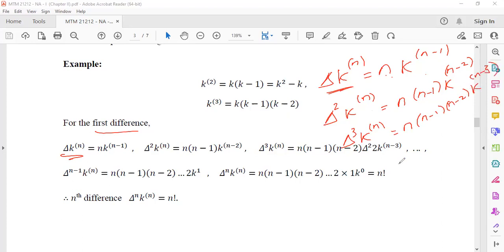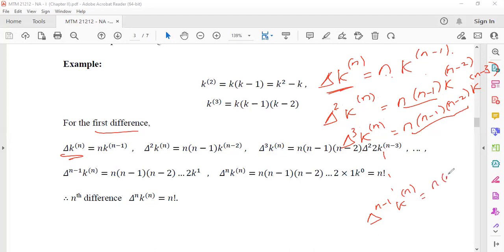Okay, it's like 3. So if you go up to, let's say, delta n minus 1 Kn, what is that? See the pattern. If it is 2 here, we have two terms with n minus 2, two less than this. Here we have 3 and n minus 3.